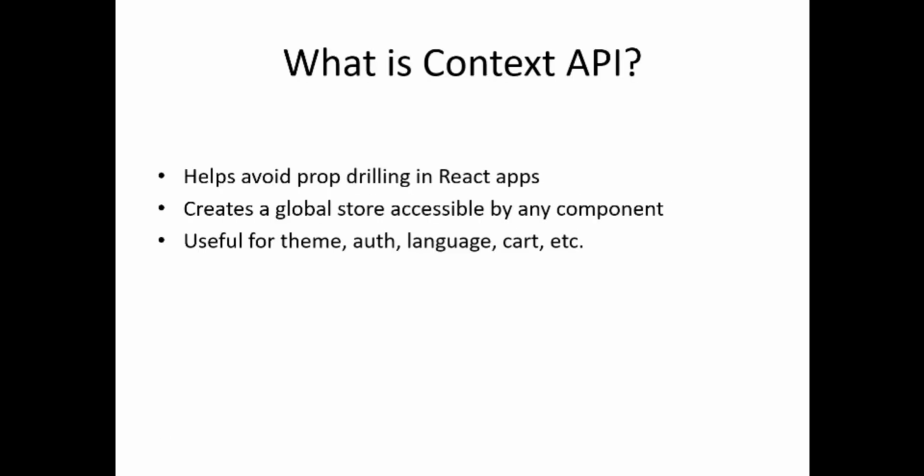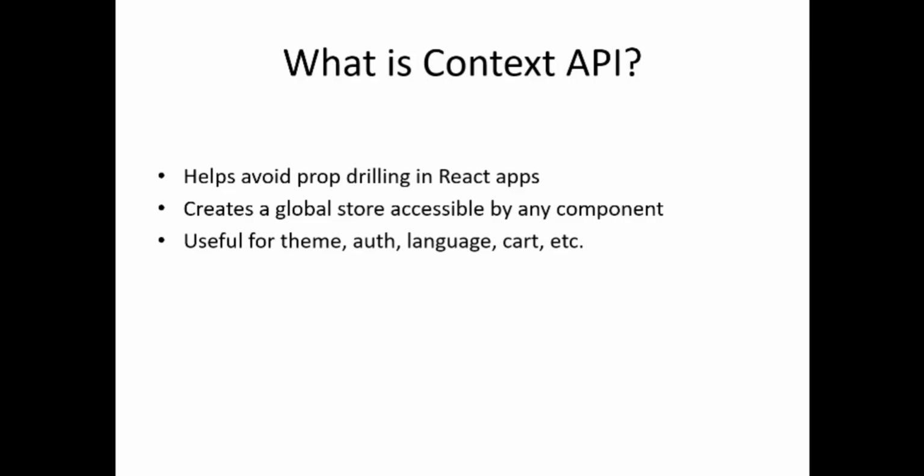So, what is Context API? Context API is a built-in feature in React that allows you to share data between components without explicitly passing props. Think of context as a global storage inside your app, which components that need data can access directly.